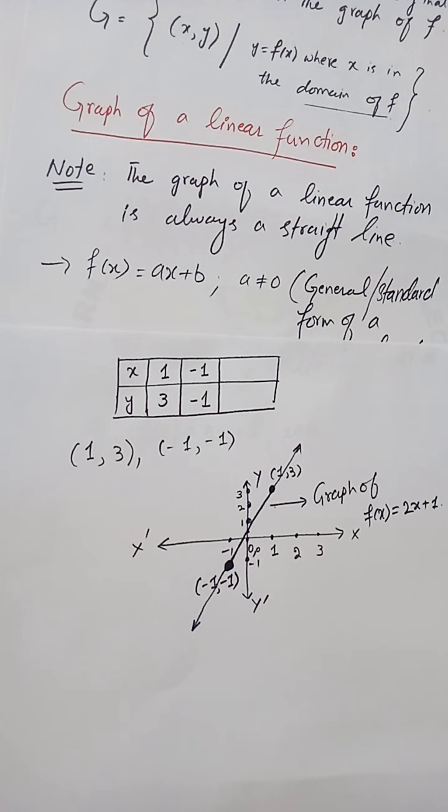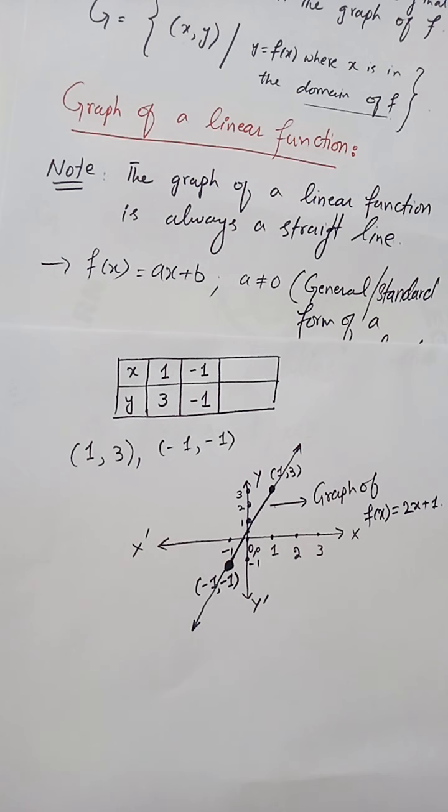So while sketching the graph of a linear function, you may also find the intercepts instead of finding any 2 points of the plane, because the intercepts are also 2, x-intercept and y-intercept.